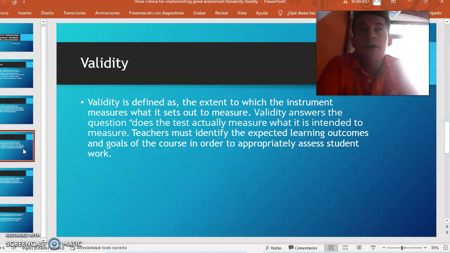For example, if I'm doing a reading test, I have to ask the question: is this reading test doing good for the student? Is this reading test helping the student? All these questions I have to plant and ask myself in order to appropriately assess my students' work.